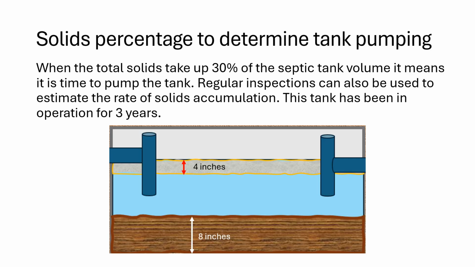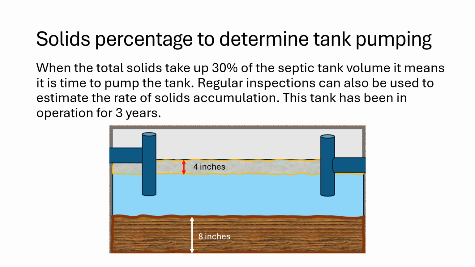We're going to use the scum thickness and the sludge layer thickness to calculate the percent solids in our tank. Remember, when the solids take up 30% or more of the septic tank volume, it means it's time for us to pump the tank.